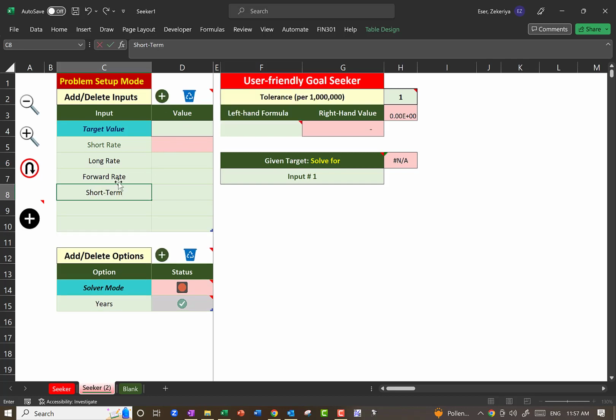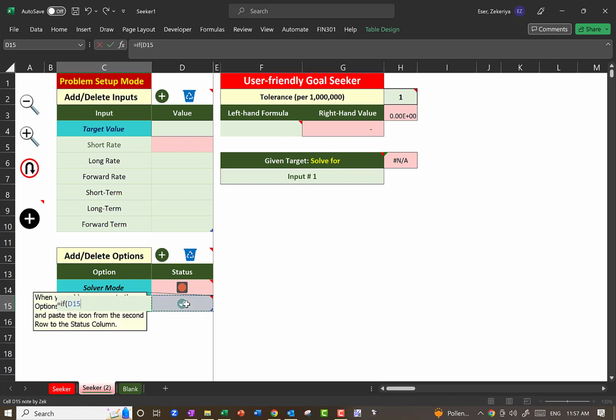It's going to be years. Otherwise, it's going to be months. Sometimes, you do it based on a 2-year forward rate that starts 3 years from now. Okay. So for the short-term stuff, we typically use months.